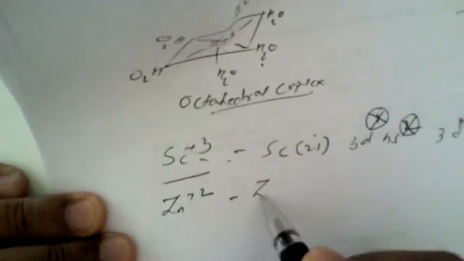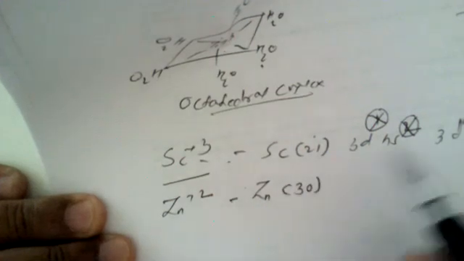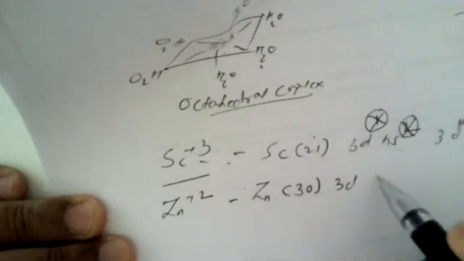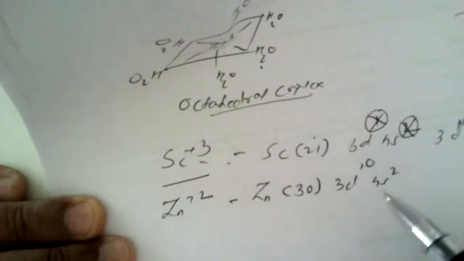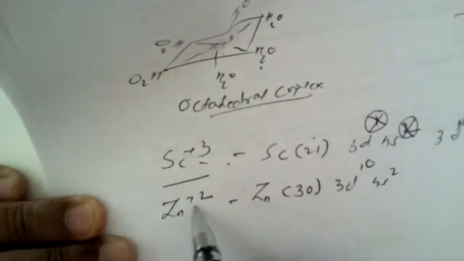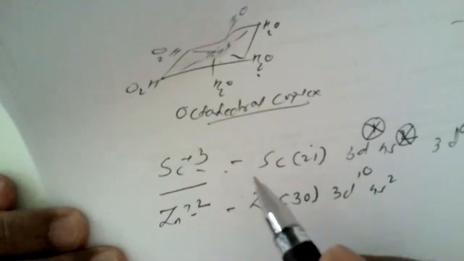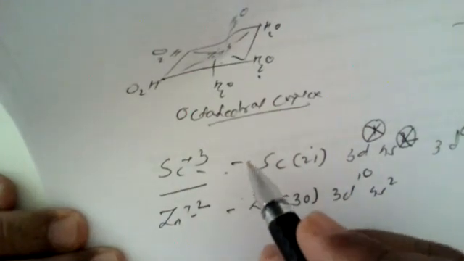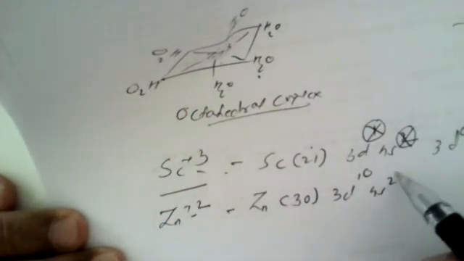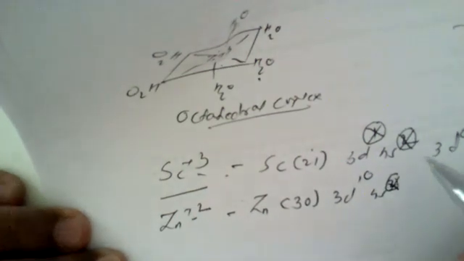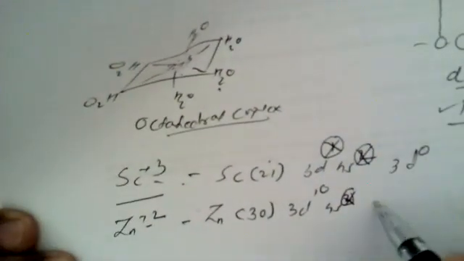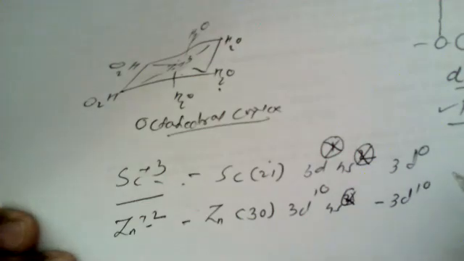Another example I would like to give here is zinc. As we know, zinc is the last member of this 3d series, having the configuration 4s2 3d10. If zinc has to show the plus 2 state, as we have seen while studying oxidation states, it must lose these 2 electrons. After loss of these 2 electrons, the configuration becomes 3d10. One cannot find any unpaired electrons here.